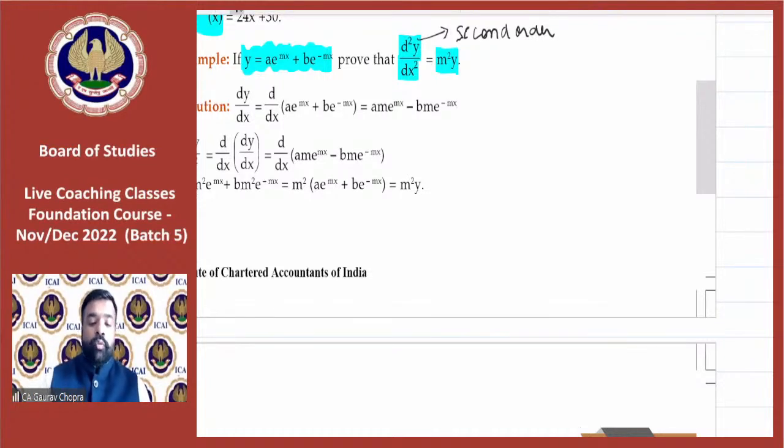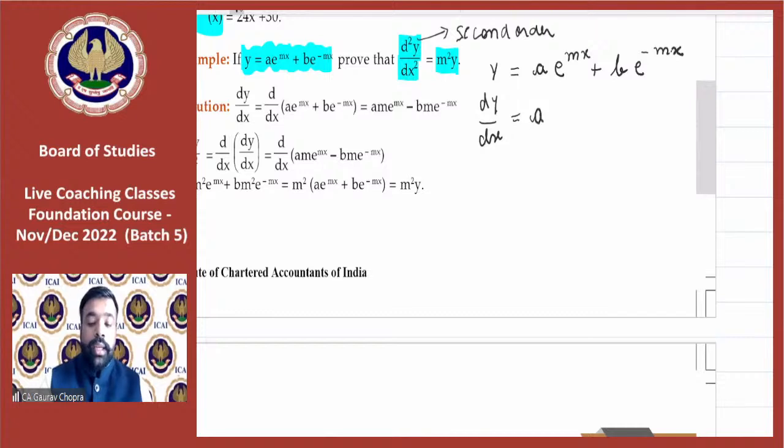This d2y shows that we have to calculate second order derivative. So what we will do, we will start with the first derivative. Let us write the question first. y is equal to a e to the power of mx plus b e to the power of minus mx. So first step is to find the first derivative dy by dx.